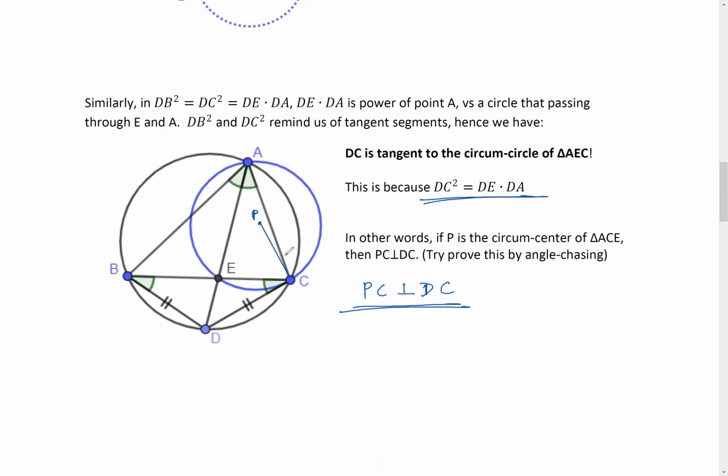If you want to prove PC perpendicular to DC, we probably could do something like this. So now this angle PCD is cut into two parts, right? So there's this angle part here, and then there's this angle here, PCE, right?